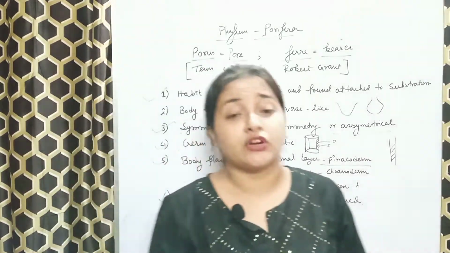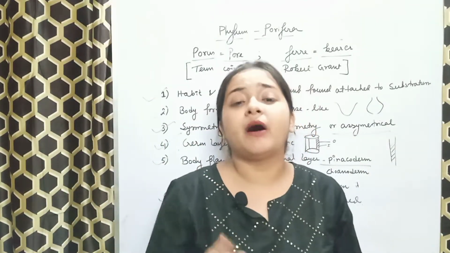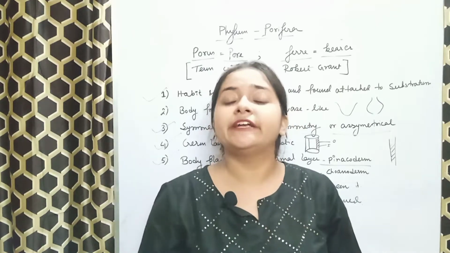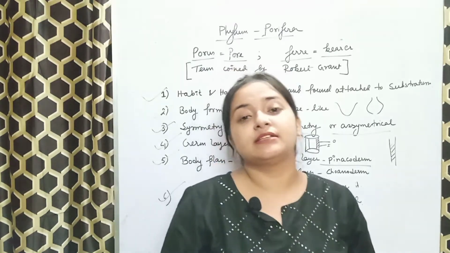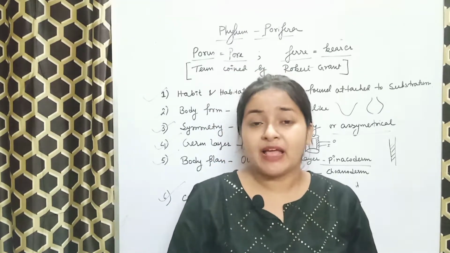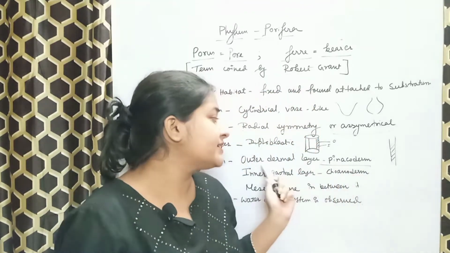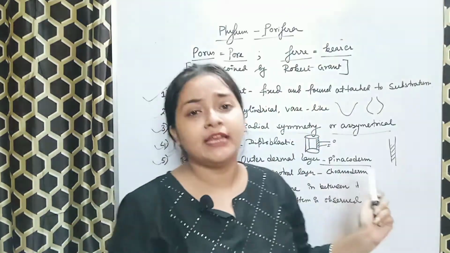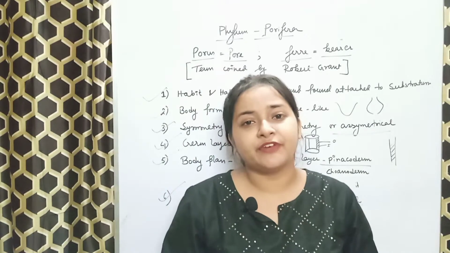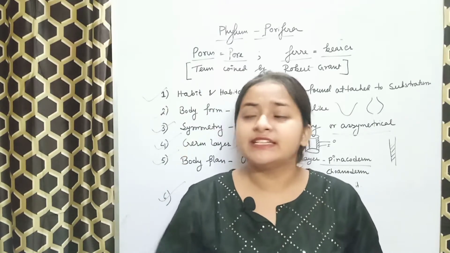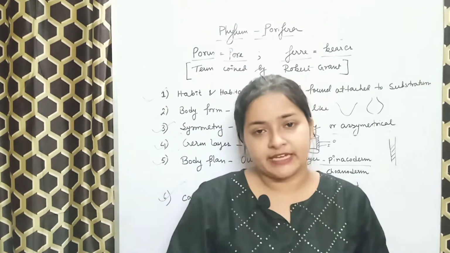This is a very crucial point of phylum Porifera, because they have a water canal system. As I said, it has a pinacodermal layer on its outer body surface, and its particular function is to take water from outside.